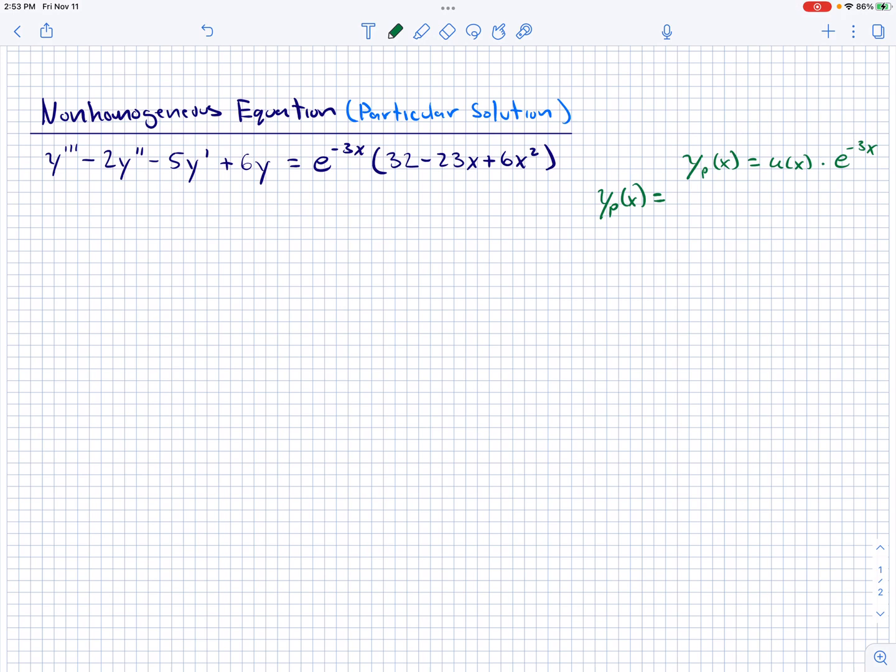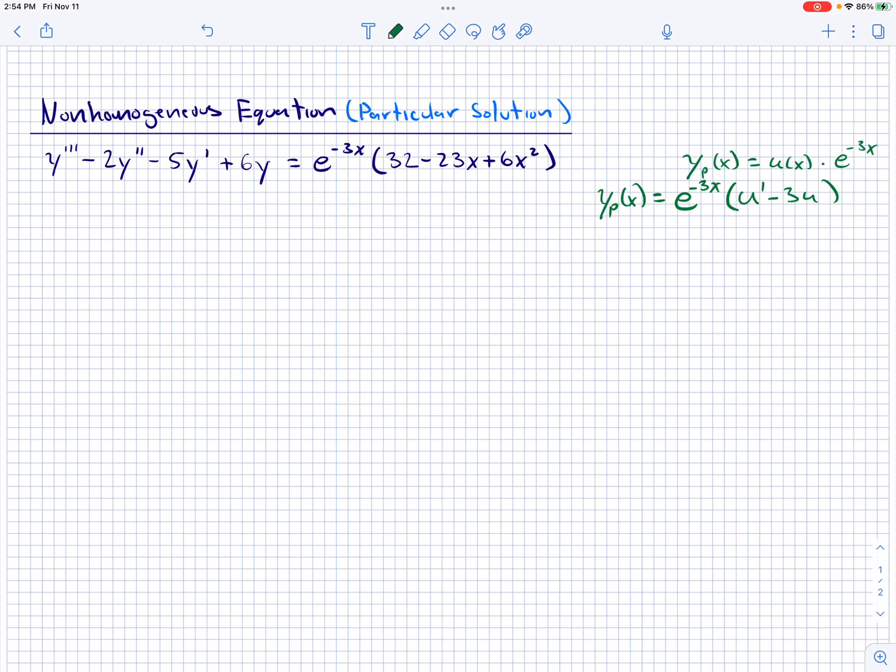First, this is going to be u prime times e to the negative 3x, and then taking the derivative of e to the negative 3x gives us negative 3 times u times e to the negative 3x. Simplifying, we get e to the negative 3x times u prime minus 3u.